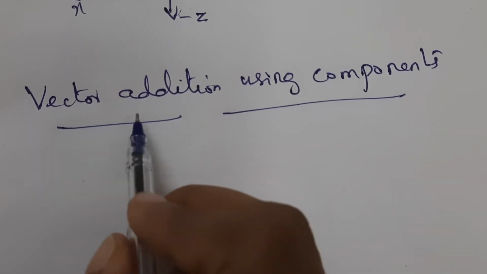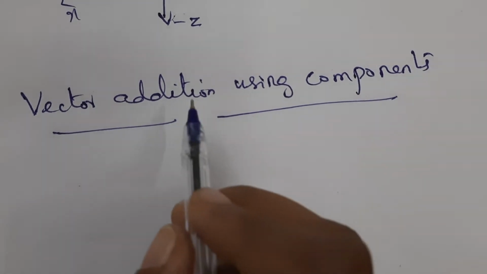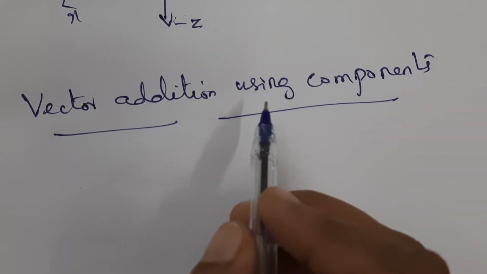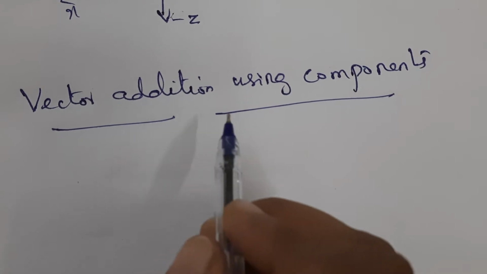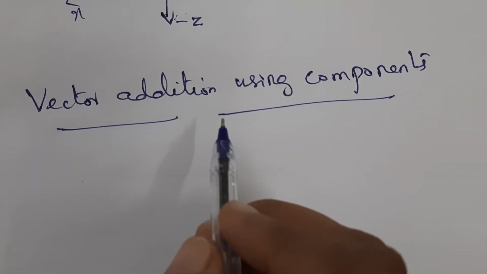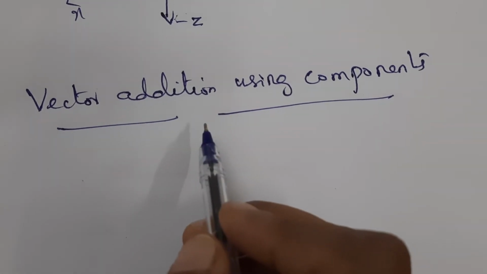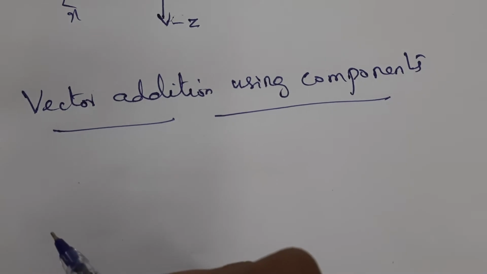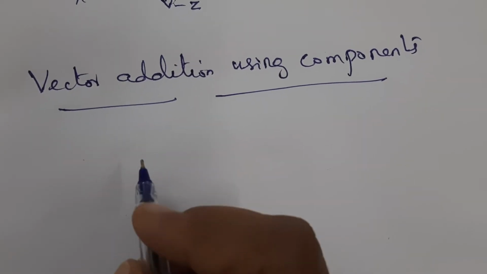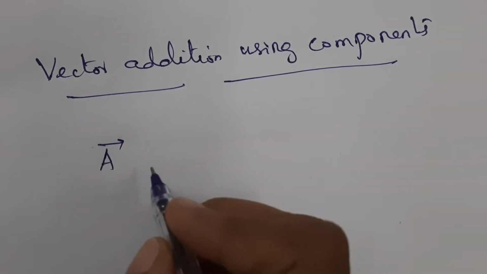Now, vector addition using components. Once we choose a coordinate system, the addition and subtraction of vectors becomes easier. Consider the two vectors, A vector and B vector, in the Cartesian coordinate system.